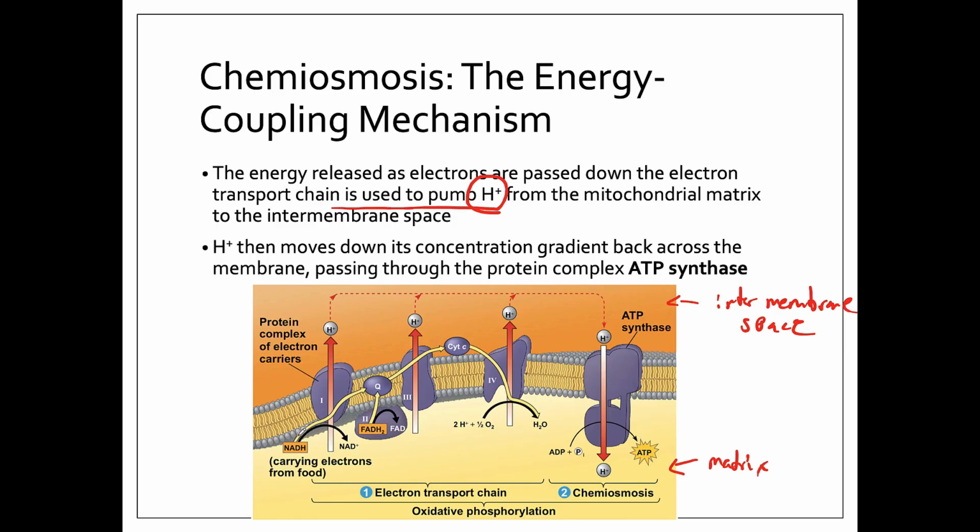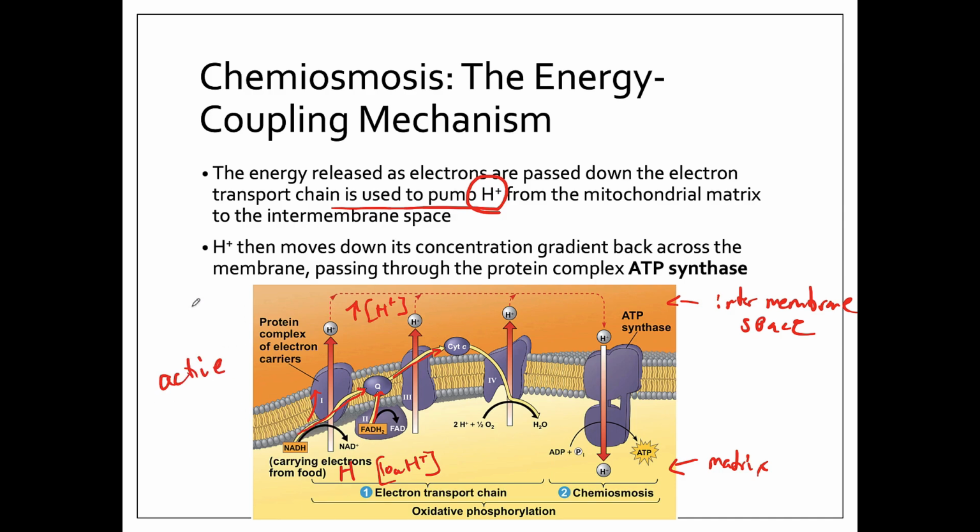We can see the yellow arrows being the movement of electrons. And when each electron is passed, the energy is released to move a hydrogen from an area of low hydrogen ion concentration to an area of high hydrogen ion concentration. That is active transport.